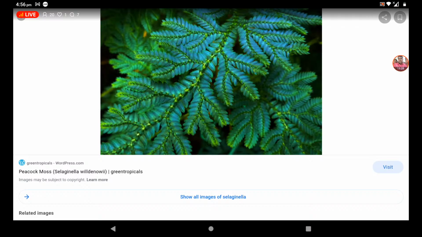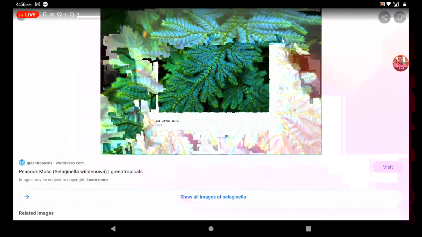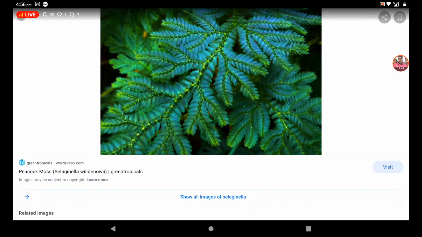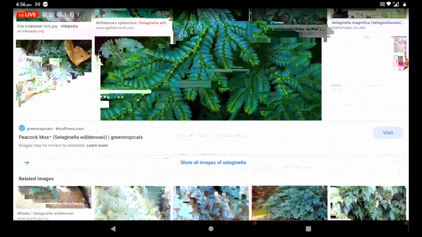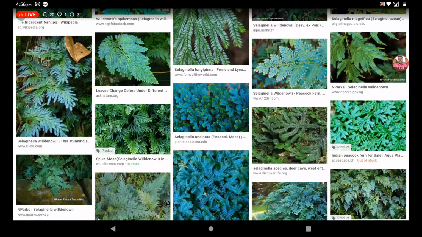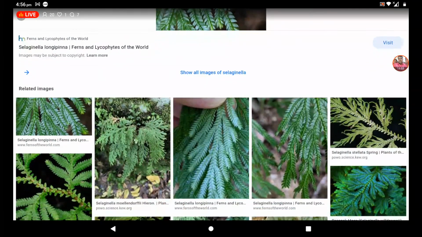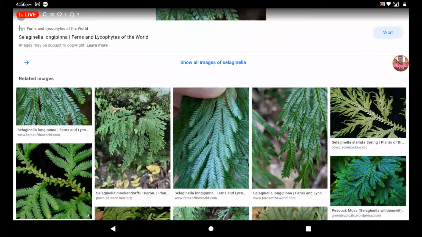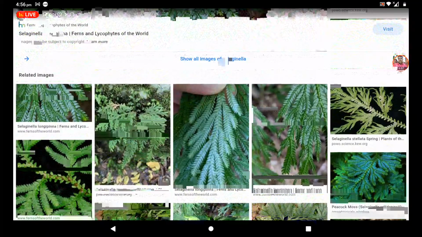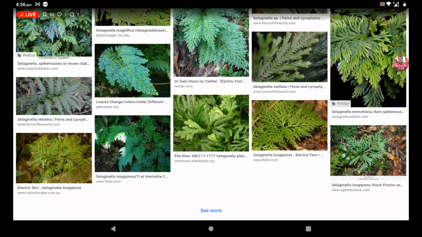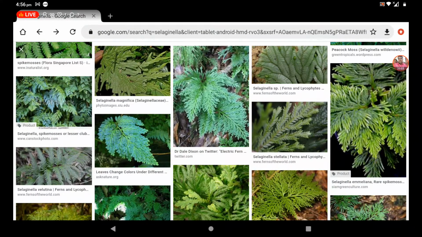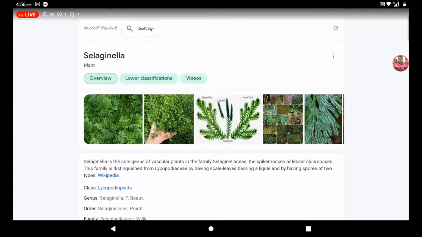Here also the same, only the dorsal side appears. Let me take the ventral side of the leaf which bears sporangium. In one of the videos I also showed and recorded these sporangia. You just check the same video. It is clearly shown in the case of sporophyll.